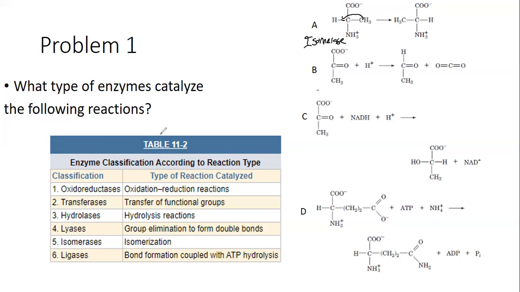B, that is a, I gotta pull up the poll. Sorry, I want to see what people said for B. So for B, we have oxidoreductase, and we have lyase and transferase being the answers. B is a lyase.